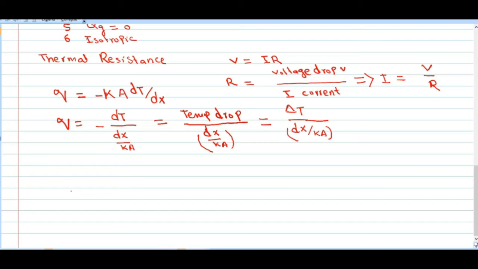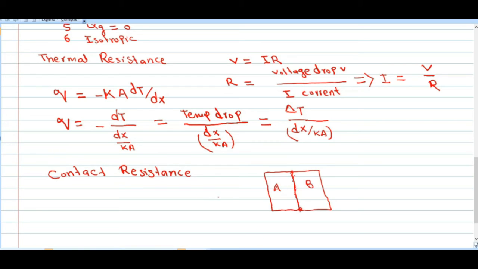Another important concept related to thermal resistance is the contact resistance. When two layers of an object are combined with each other, a resistance is developed at the interface of the two layers. For example, object A and object B are combined with each other. A resistance is developed at this interface of the objects.